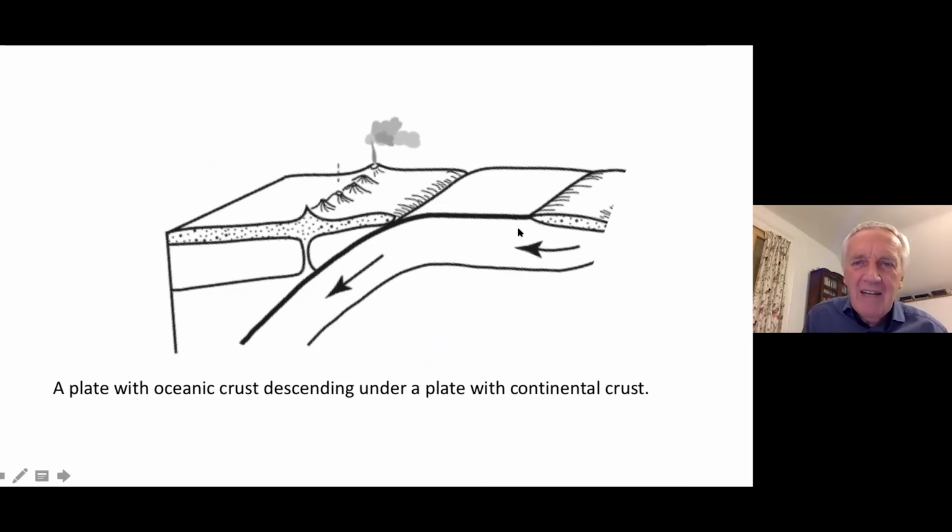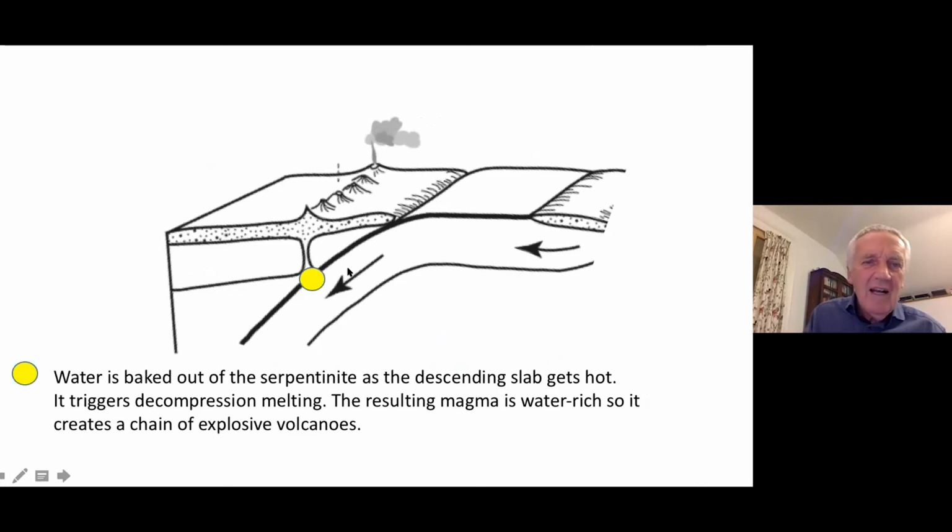And what happens here is that the descending plate gets hotter as it goes down, and it gets to the point represented by this yellow circle where the water is baked out of the serpentinite, and the hot water, the steam, if you like, that's released, it triggers melting, it triggers decompression melting down here, and the mantle here starts to rise up and eventually comes out as volcanoes at the top.